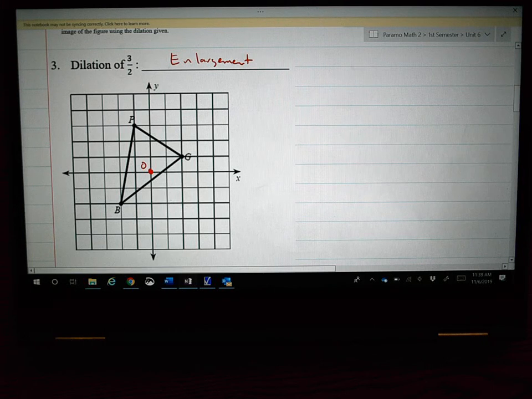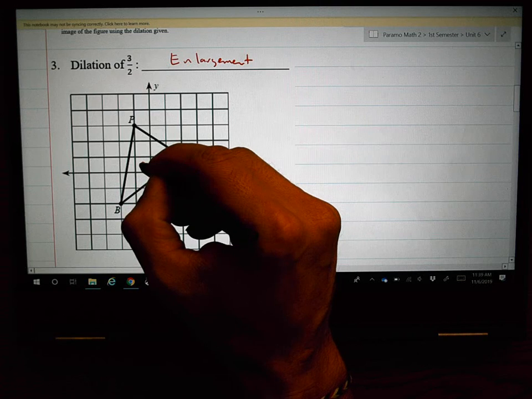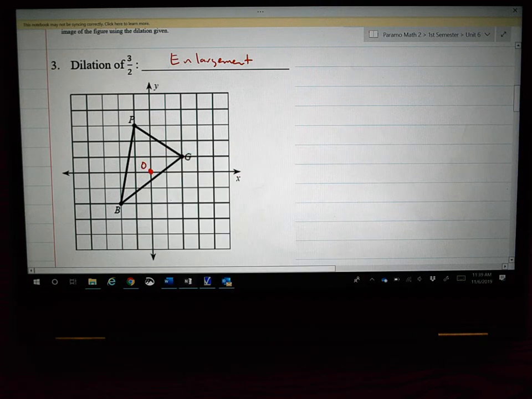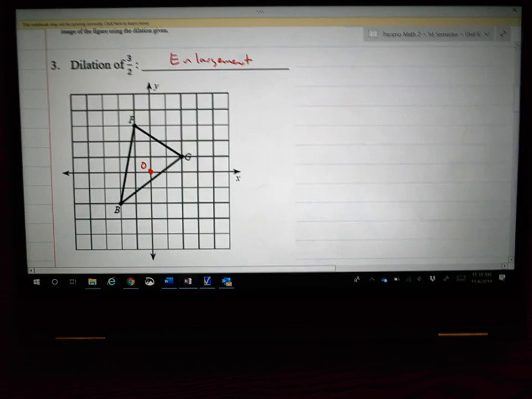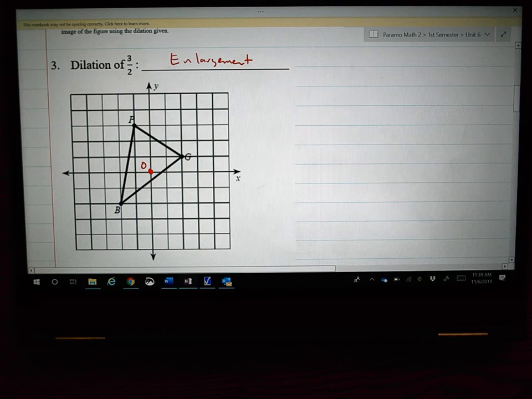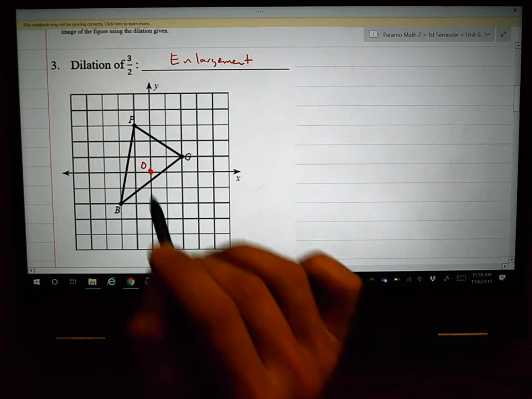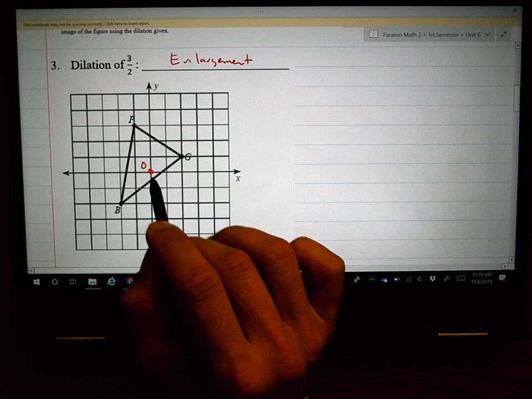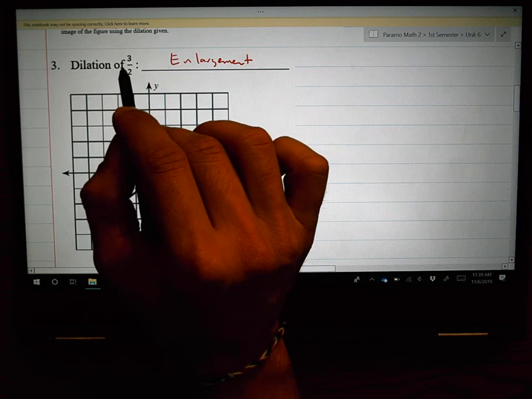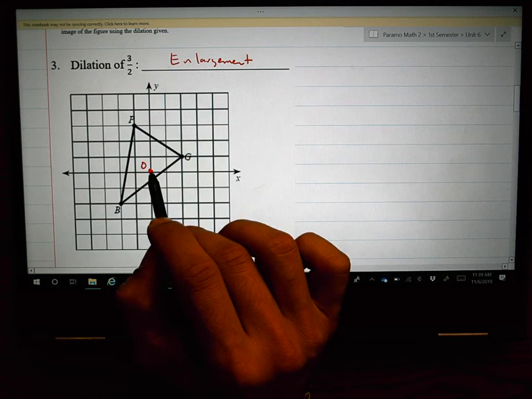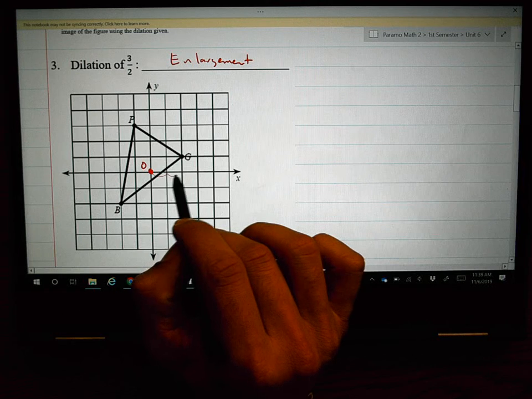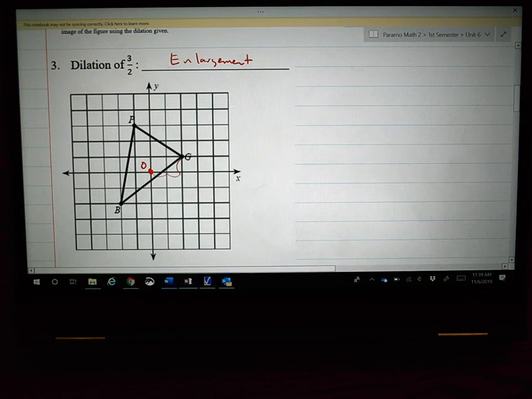Put a dot there, label it O. O stands for origin or origin, depending where you come from. From this origin, if I need to do a dilation of 3/2, I have to go horizontally 2 units to the right and 1 unit up.